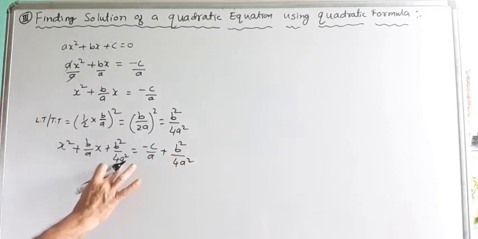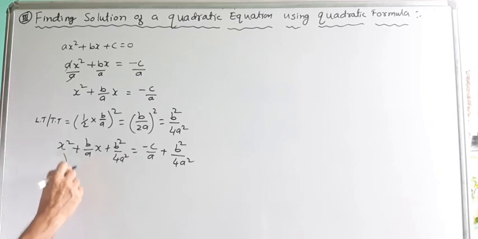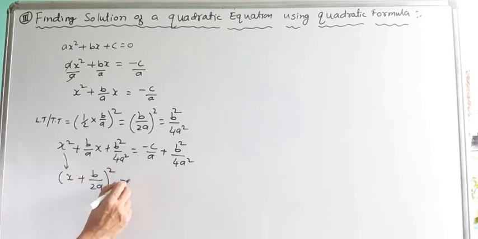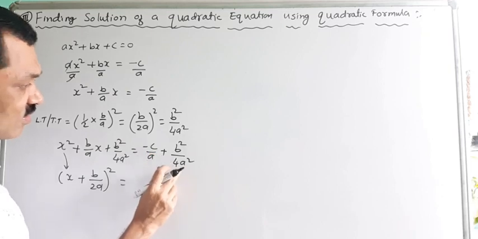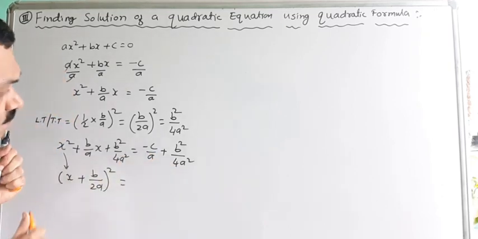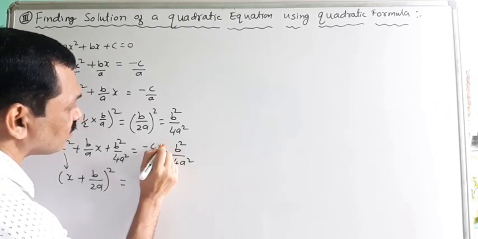So now this is a perfect square. Based on this we can write this as x plus, taking the sign of the middle term, the square root of b square is b, upon the square root of 4a square is 2a, the whole square, is equal to, so to make the denominator equal I have to multiply this by 4a. This is multiplied by 4a, it's multiplied by 4a.